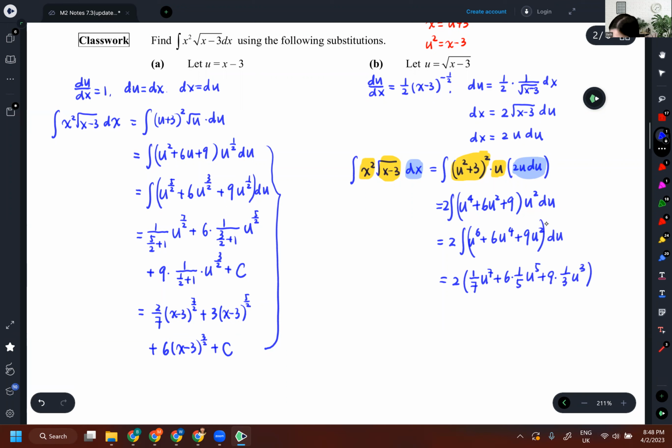And then I think I read it here, it's easier, it's 2 over 7 u to the 7, that is root x minus 3, to the 7, plus, oh, that's not the same. Am I crazy?